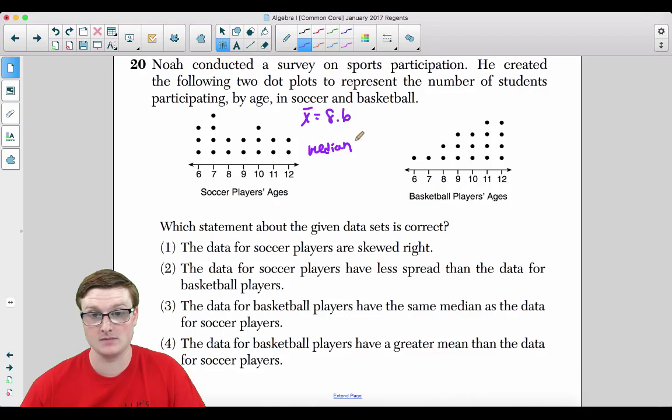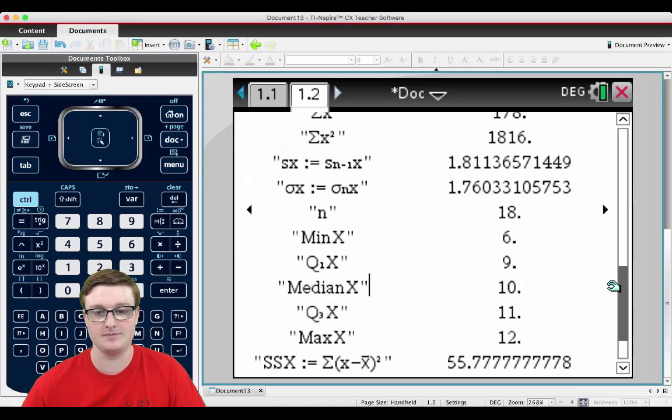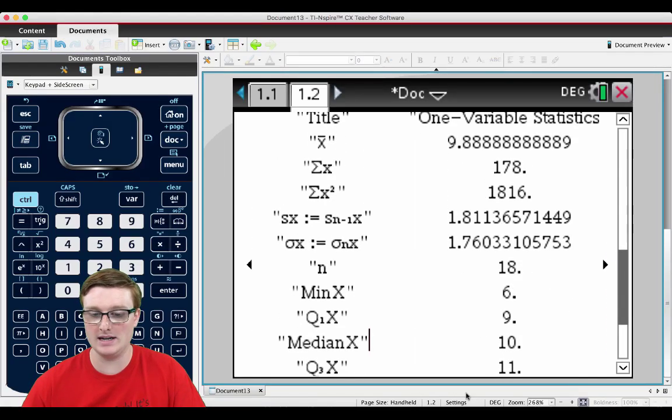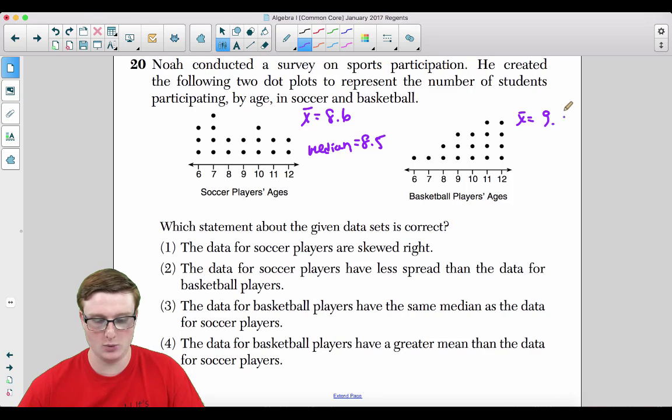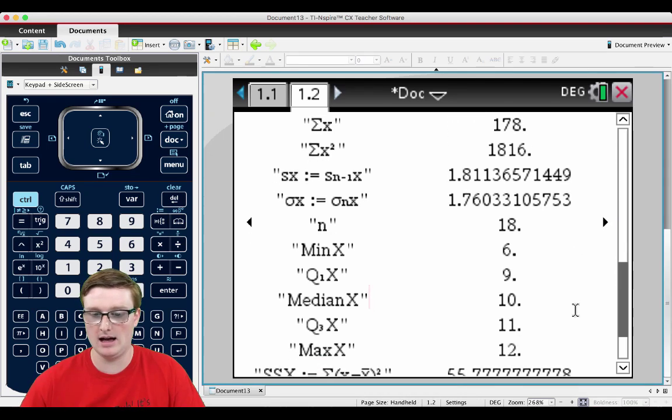Okay? Now your mean for the basketball players is 9.9. Okay? And your median is equal to 10.